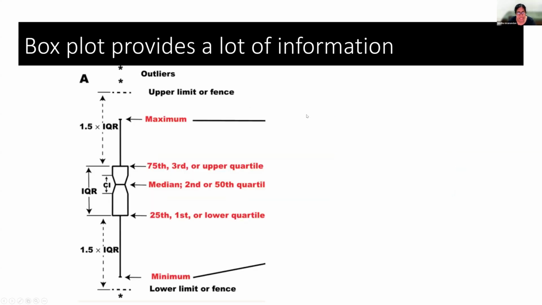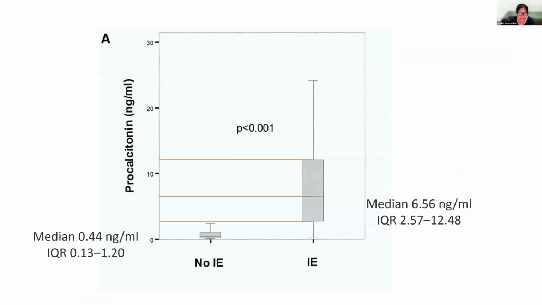So a box plot provides a lot of information. For example, in this particular study, which had used procalcitonin in patients without infective endocarditis and those with infective endocarditis, you have a box plot. This central line is the median. So from here we understand that the median value is around 6.